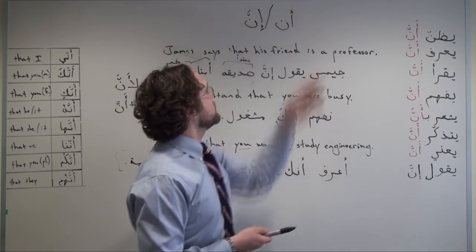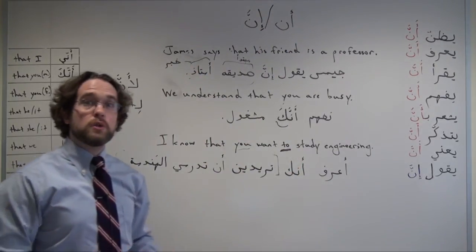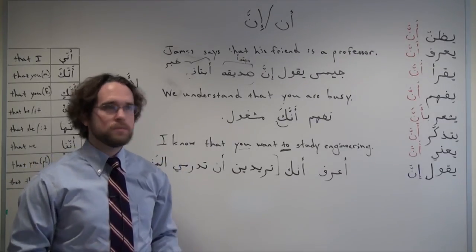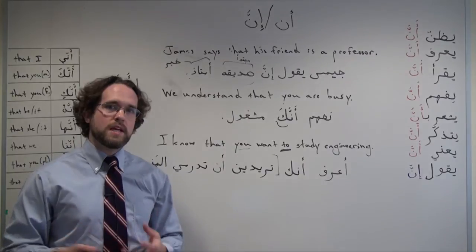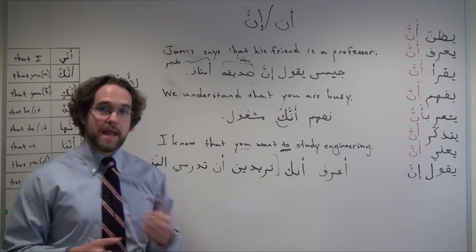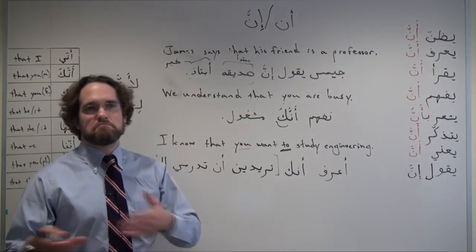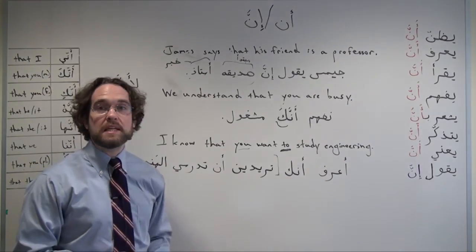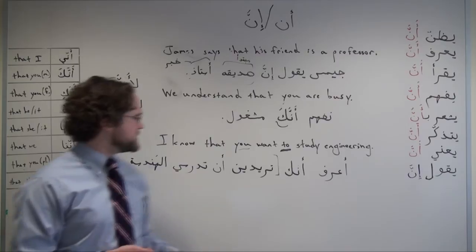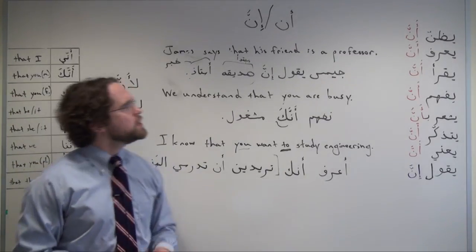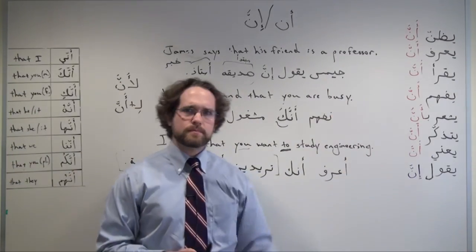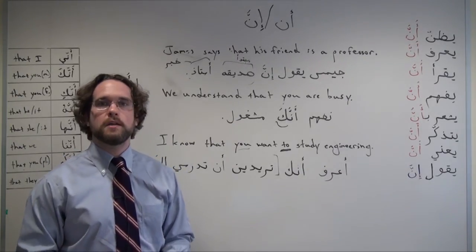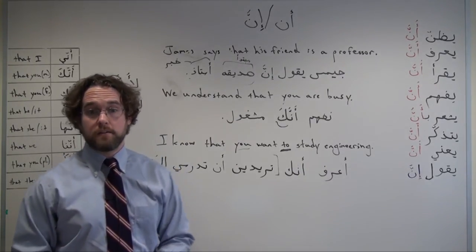An and anna could look virtually identical, which is why it's a good idea as you're learning verbs to associate the relevant particle, anna or an, with the appropriate verb, right? Verbs like yurid or yuhib tend to take an, that to particle, whereas these verbs over here that involve presenting information tend more often to have anna following them.